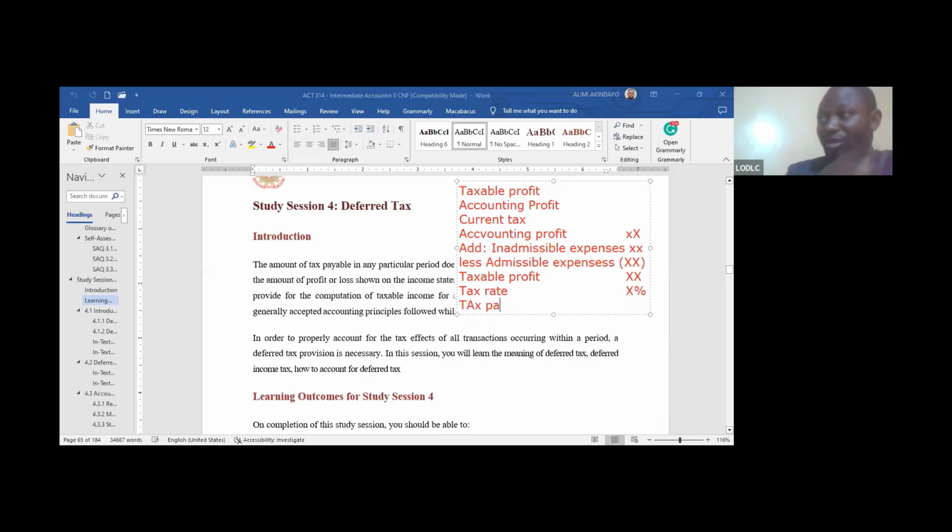According to IFRS, this tax payable is called current tax. So if you hear the word current tax, it is regarded as tax payable. That is how to get your tax, and the tax payable should be paid to the Federal Inland Revenue Service. The rate is always 30%.